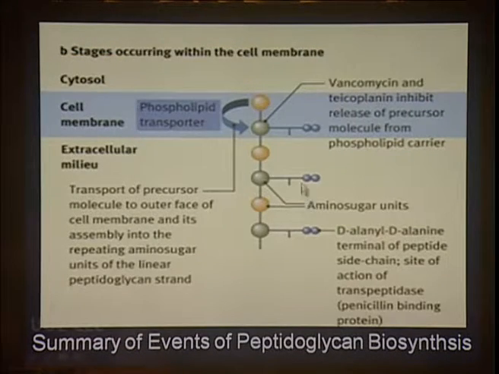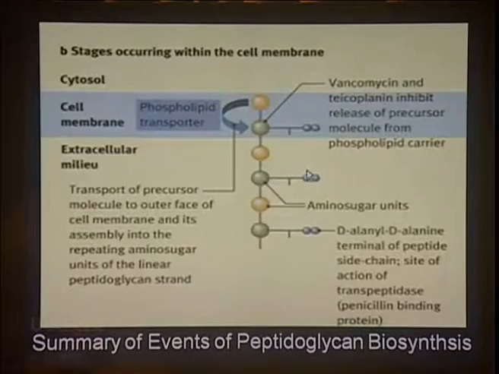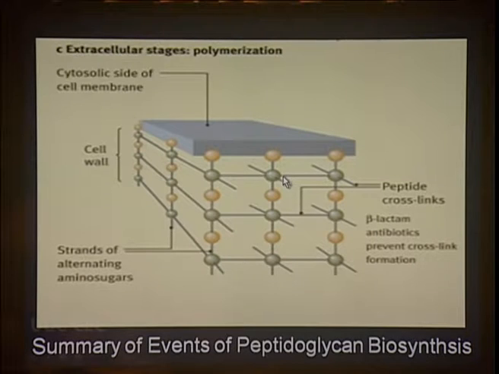And the next is the formation of the sugar residue, and this is the amino acid residue, this is the step 2, and the third one is the transfer of this particular unit outside the particular cell membrane, producing the cell wall outside.